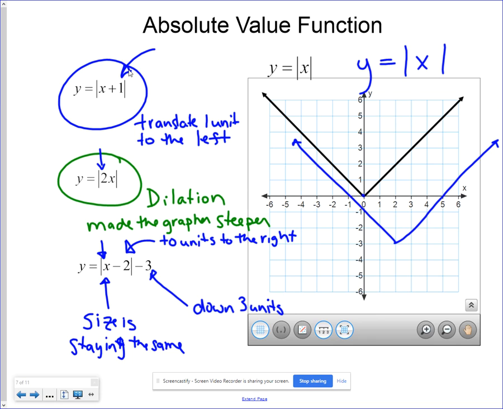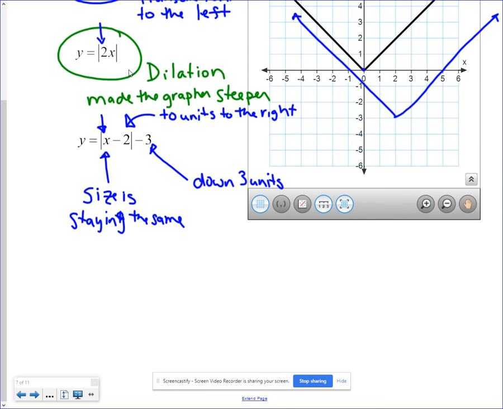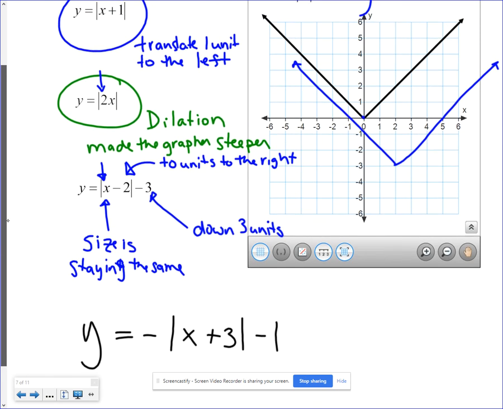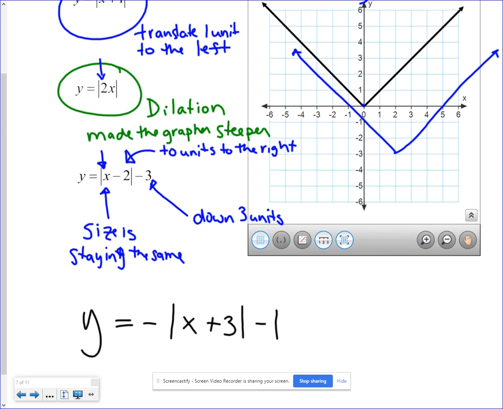Okay, let's do one more example here. Let's graph this one: y equals negative absolute value of x plus 3, minus 1. Let me erase this. Let's graph this one in red. Let me trace over the parent graph. We should know what the plus 3 is going to do.